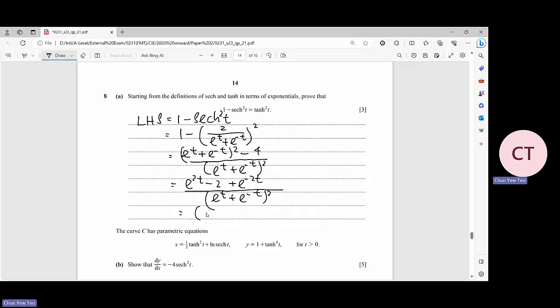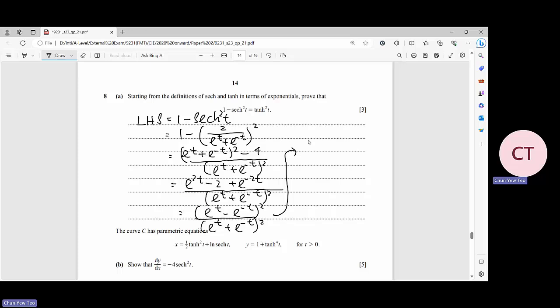Then you factorize it again, you will get e^t minus e^(-t), sorry, that is supposed to be e^t minus e^(-t), divided by (e^t plus e^(-t)) squared and squared.